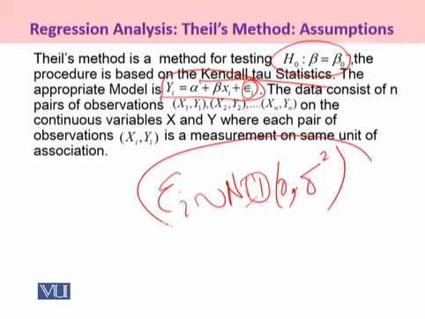So students, if some of the assumptions of the errors are not met with the sample data that we draw from certain populations, then we might be in trouble because we cannot make use of the least square method, and we cannot afford to assume the assumptions that are not met with the data. So we can make use of Thiel's method.